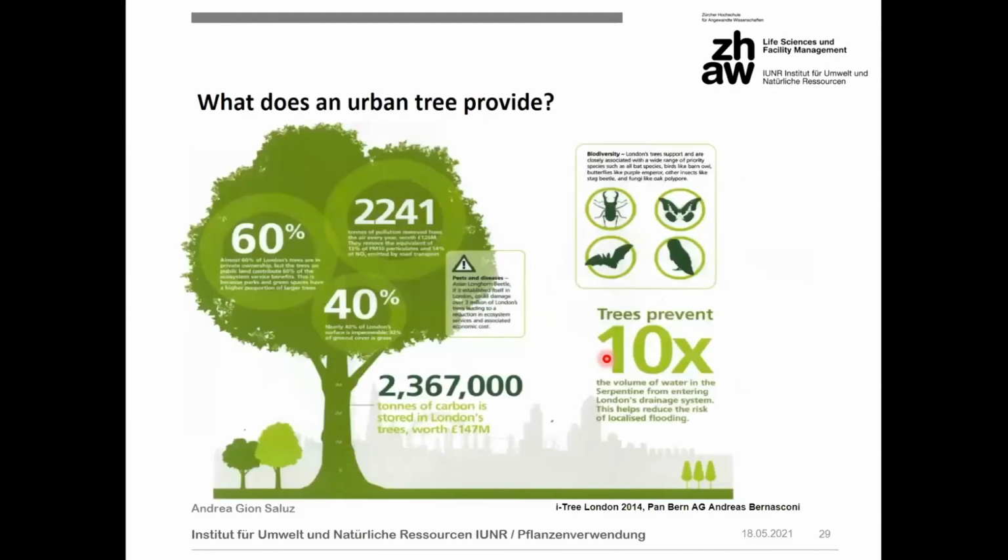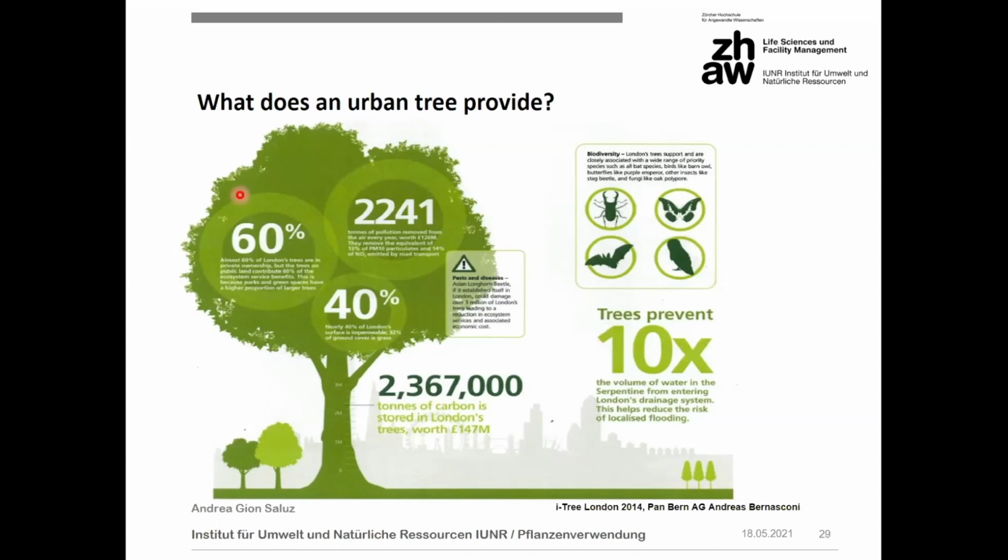And all these data should be provided to a special target group, such as politicians or maybe the city population, citizens. And this is what iTree London does with iTree.